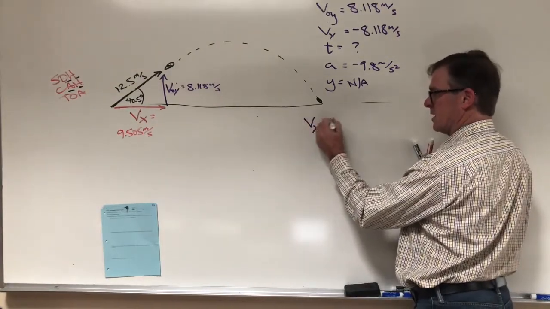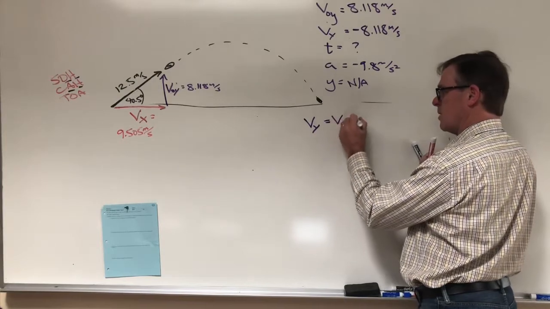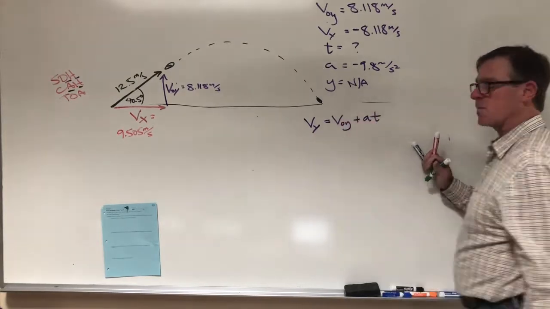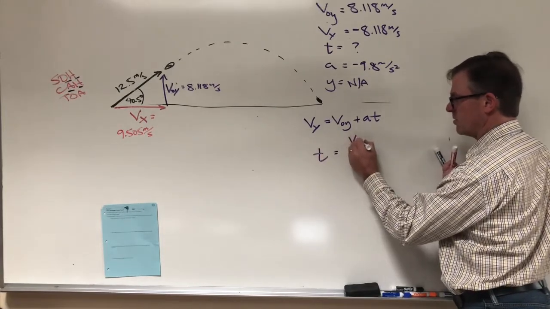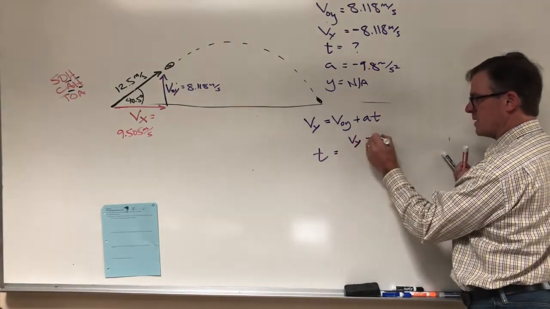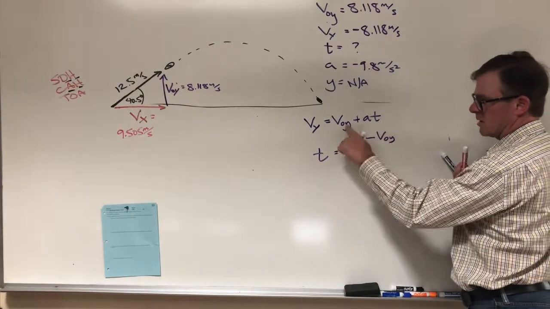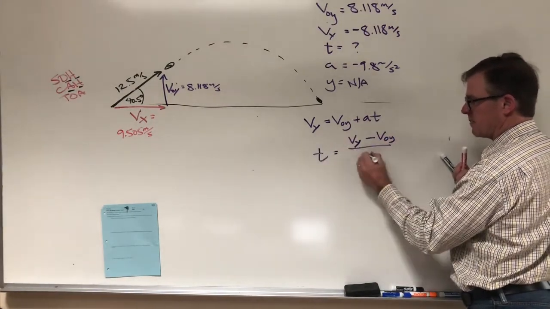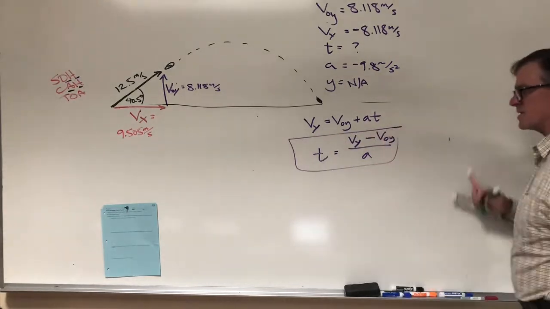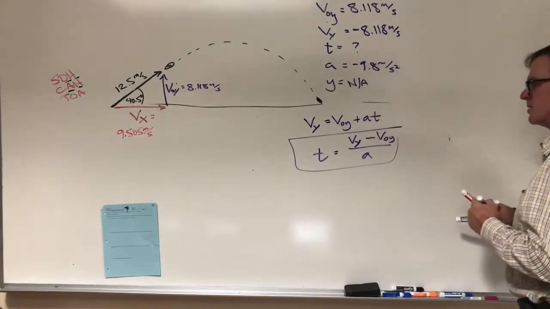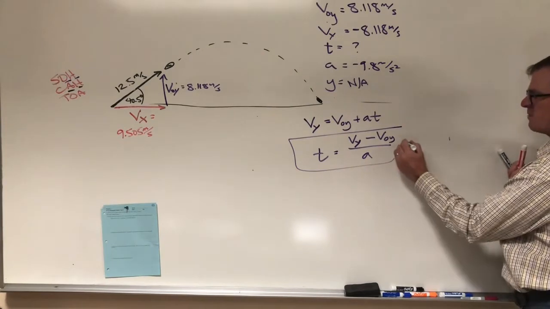Final y velocity equals initial y velocity plus a times t. Solving for t, we get t equals final vertical velocity minus initial. I subtracted that. And then I divided by a to get time by itself. So this is our working equation for this part where we're going to find time. So let's plug in our values.